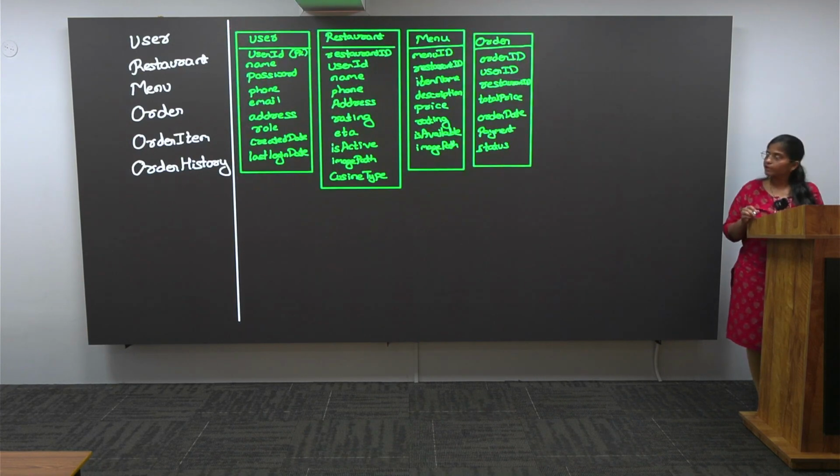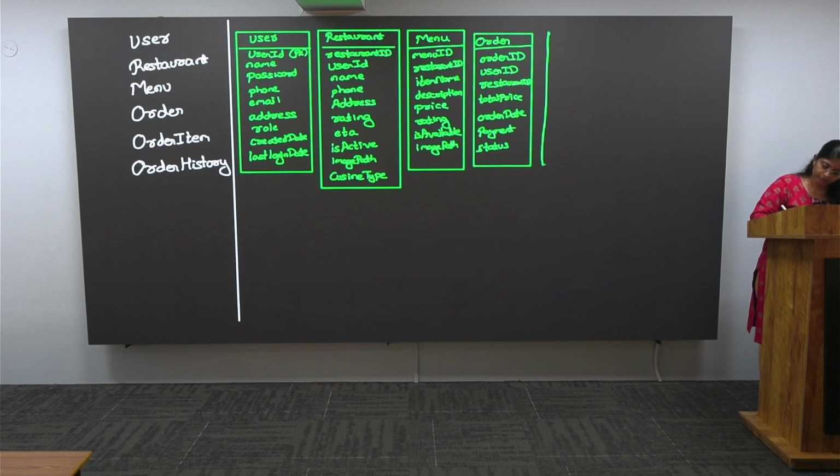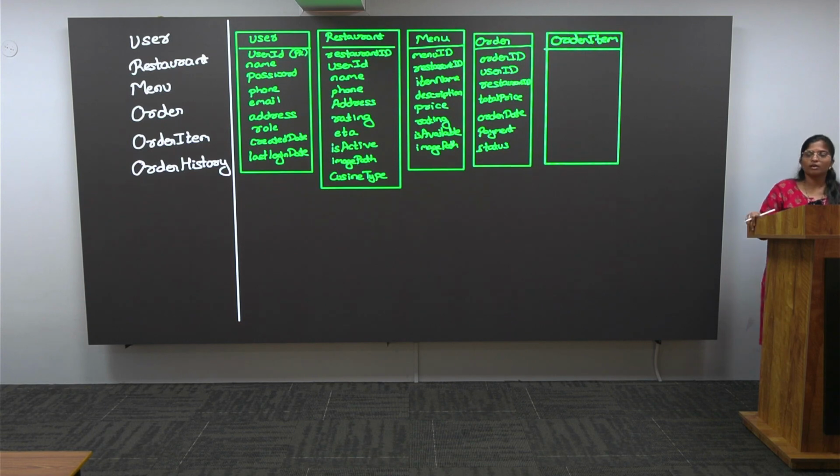Next you have order item. What is the information? First ID itself, order item ID. Okay, next, order ID.